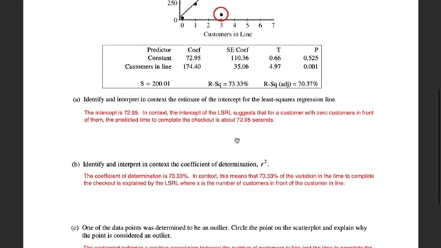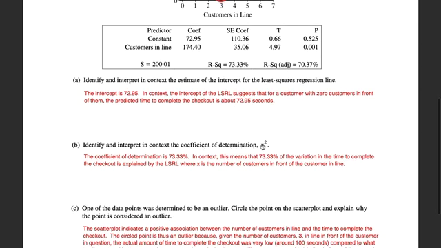So the coefficient of determination, that's also r squared, interpreting that is a phrase that you would want to memorize. Don't use adjusted r squared. Make sure you're using the real value of r squared. So the coefficient of determination is 73.33%. So in context, this means that 73.33% of the variation, that word is required, in the y values, that's the time to complete the checkout.